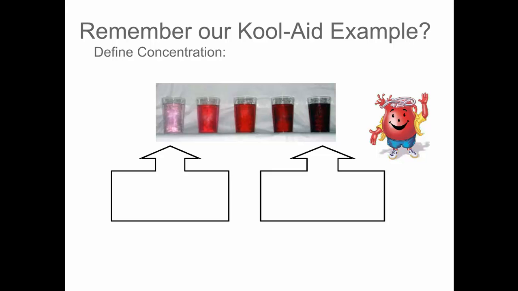So if we imagine our Kool-Aid example again, and we're looking at 5 glasses of Kool-Aid, they all have different concentrations of Kool-Aid. We mean the strength of the solution. So using some of the terms we've just talked about, who could describe this glass of Kool-Aid?